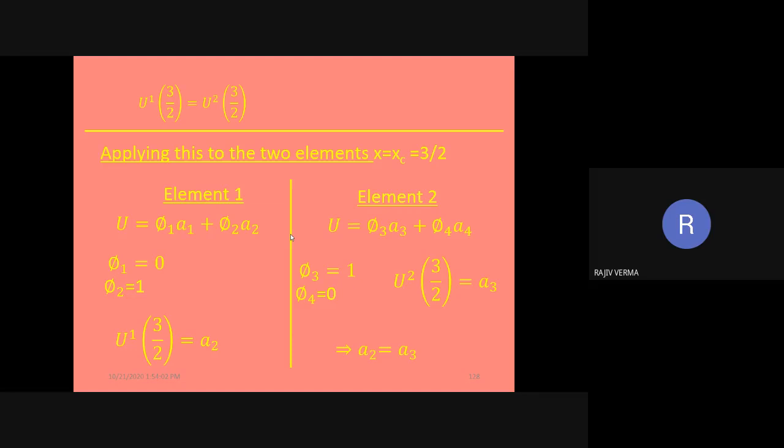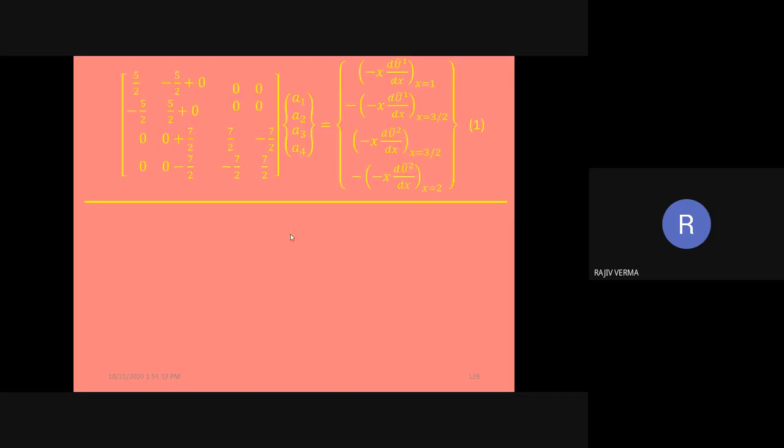Now in the next slide, we are going to impose this continuity expression which has been derived, that is A2 equal to A3, in the four equations which we have developed so far. The four equations are given by equation number 1, and since there are four equations, there also happen to be four unknowns.